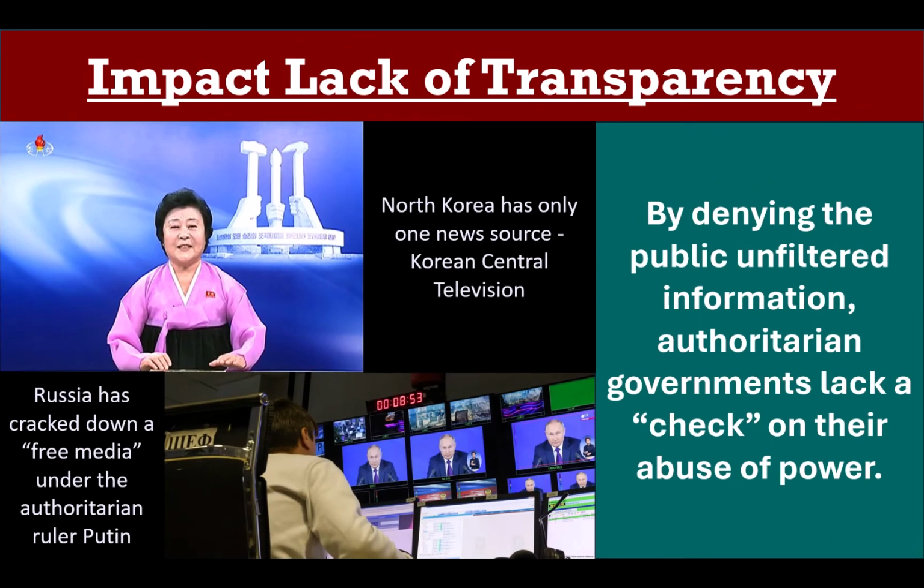So basically, the impact of a state without transparency means that the people are denied public, unfiltered information. This causes authoritarian governments to, again, have another lack of check on their abuse of power. And that check would be the people.